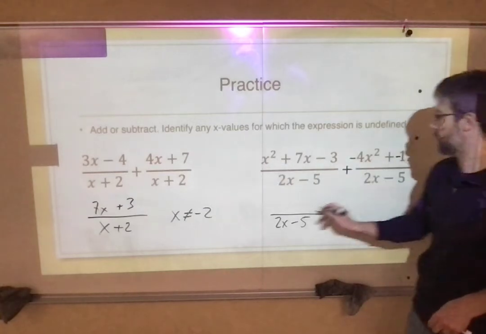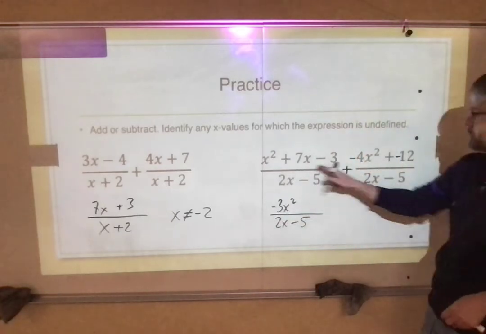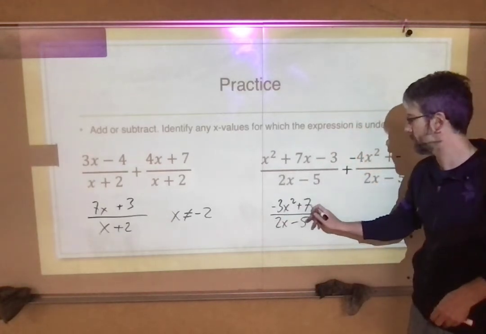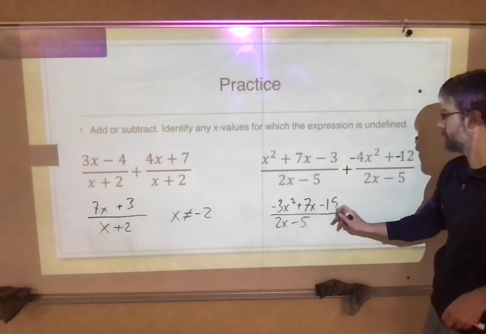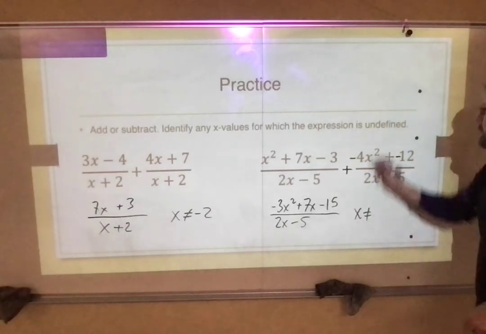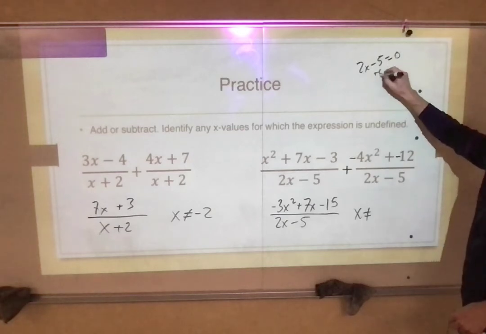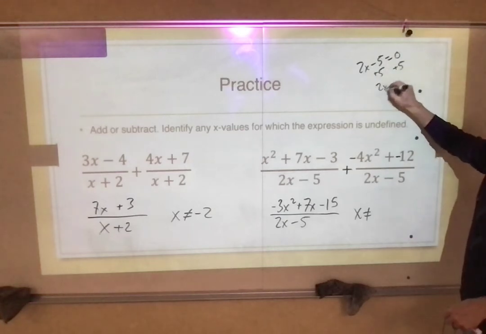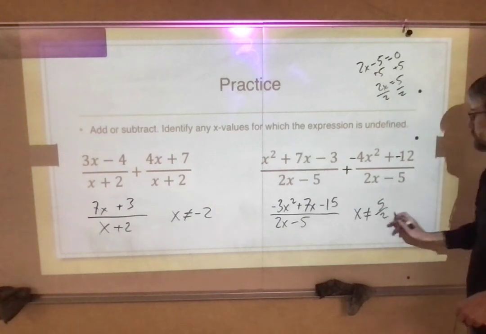X squared minus 4x squared is minus 3x squared. 7x is the only one, I've got nothing to combine with it. And then minus 3 minus 12 is minus 15. What can't x equal? Again, we could set the denominator equal to 0 and solve. X can't equal 5 over 2.